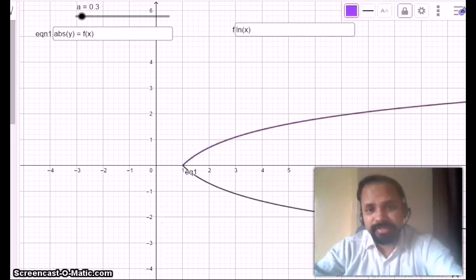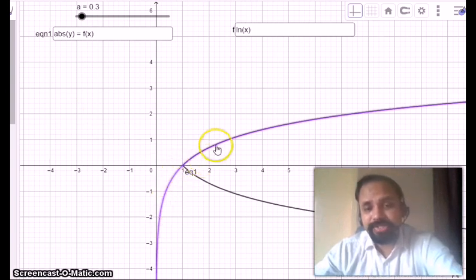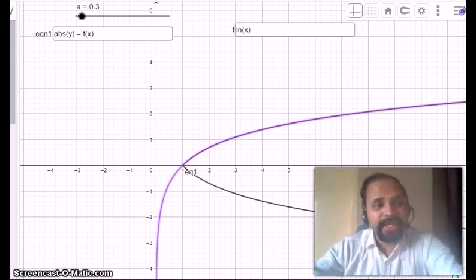This is the graph of log x, and what we did was omit the graph below the x-axis, and then take the image of the graph above the x-axis with respect to the x-axis, and this is the graph of mod y equals f(x).